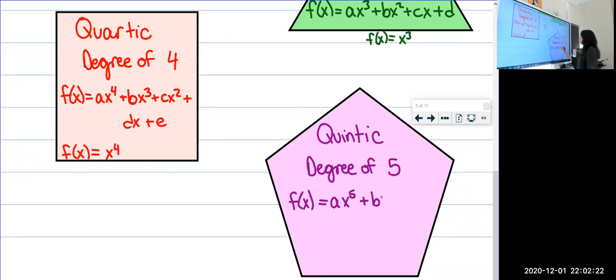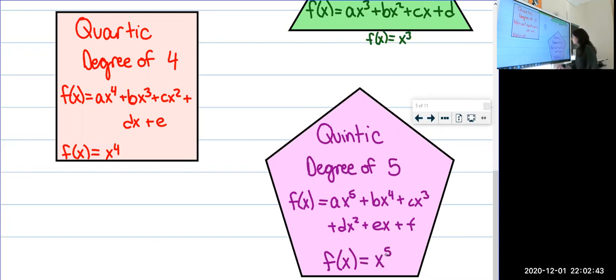And then you can descend from there, bx to the 4th, cx to the 3rd, dx squared, ex, and then f. I shouldn't use f because f is already there, but for the sake of time, I'm leaving it. All right, so the degree of 5, all that you really need is x to the 5th.